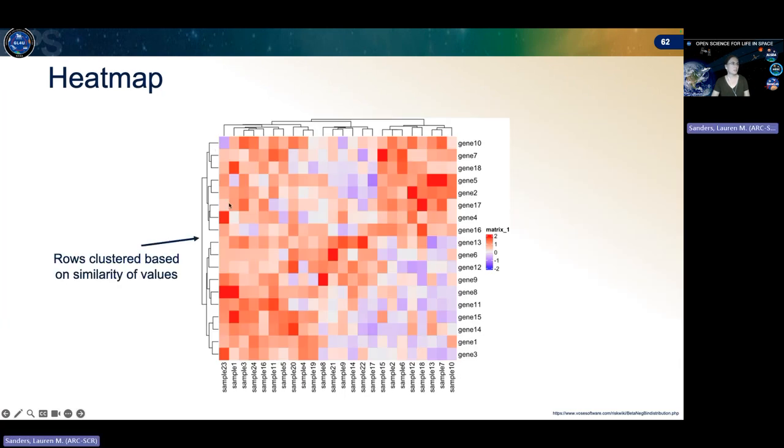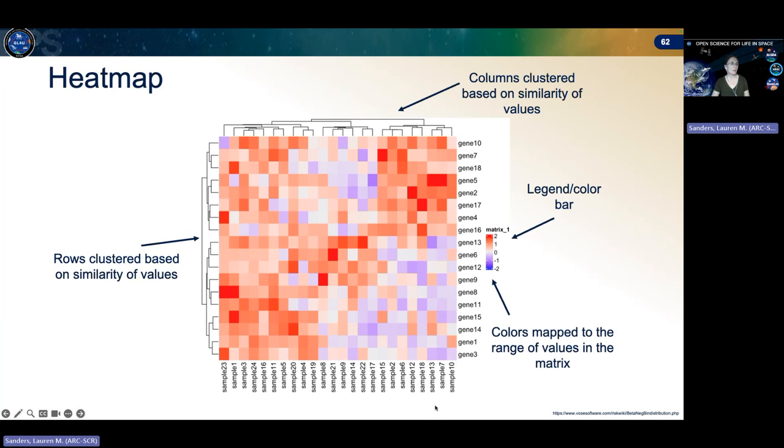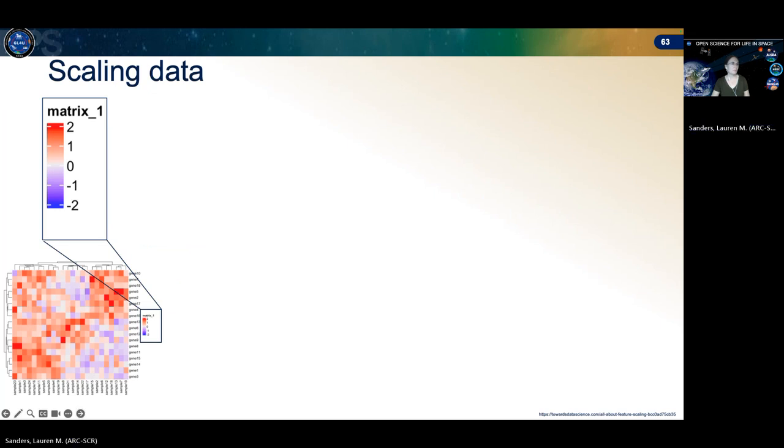We can also cluster our rows and our columns based on the similarity of values, which can illuminate different patterns within our data set. We do have this legend or color bar where the colors are mapped to this range of values within the matrix. But notice something here.